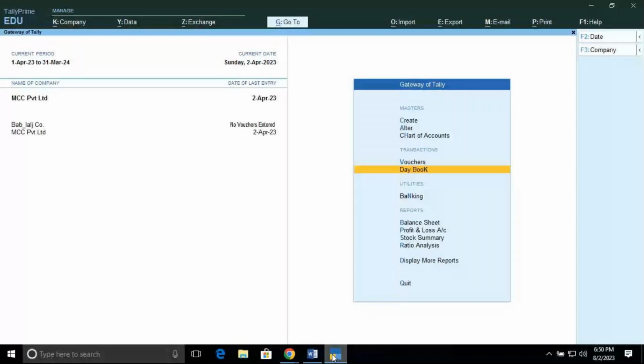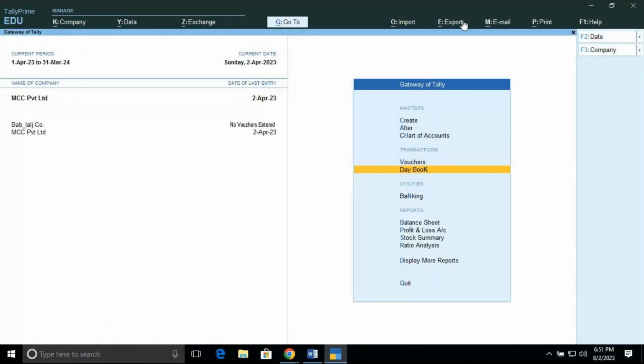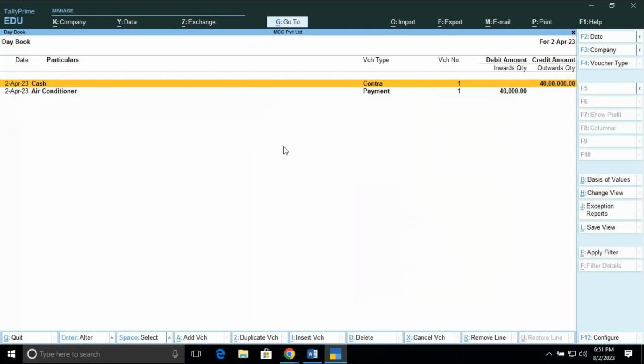Yes, sir. So now we'll go to the next transaction, transaction number 4. So how to see all the vouchers? You have to come to period. See, date of entry is 2nd April. If you go to day book, it will show me all the entries recorded on 2nd April. But I would like to see all the entries from the beginning. I'll say Alt F2.